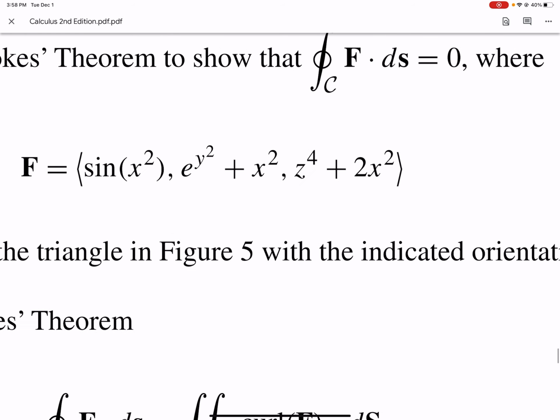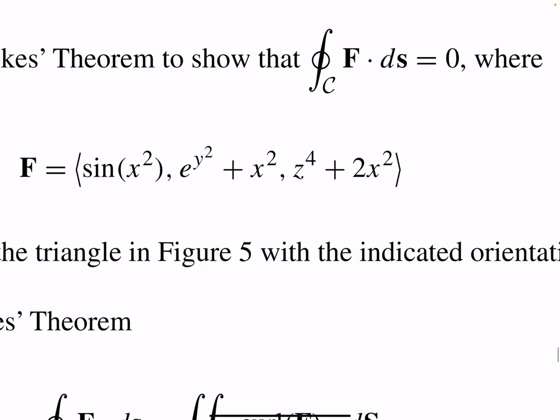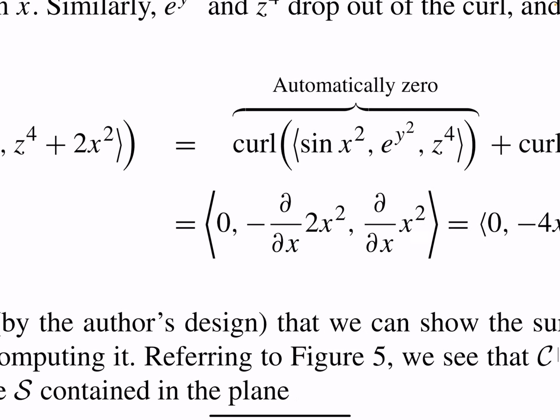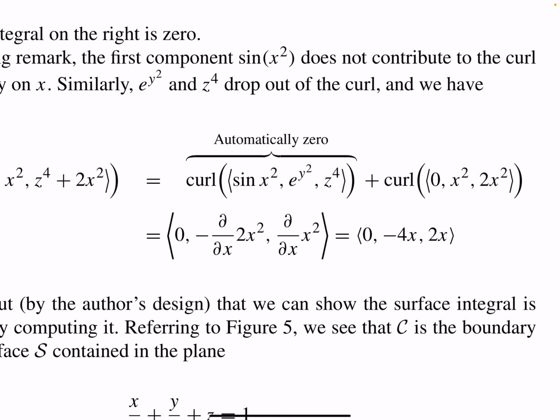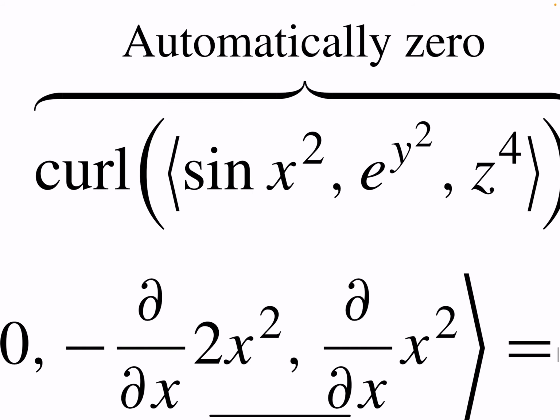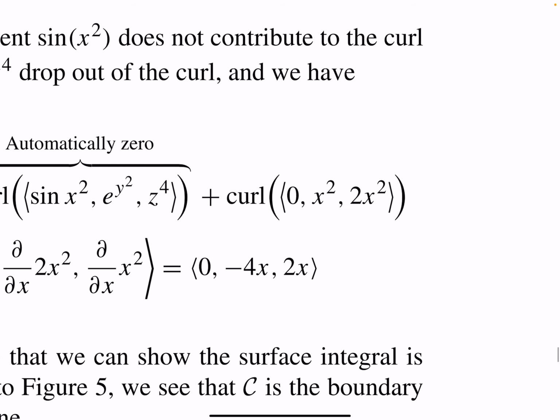That's because in the y slot, the e to the y squared doesn't contribute, but the x squared would. And in the z slot, the z to the fourth doesn't contribute, but the 2x squared would. And in the first slot, that's only an x function, so nothing contributes. They just pull out the pieces that aren't going to yield anything, and it makes computing the curl easier.